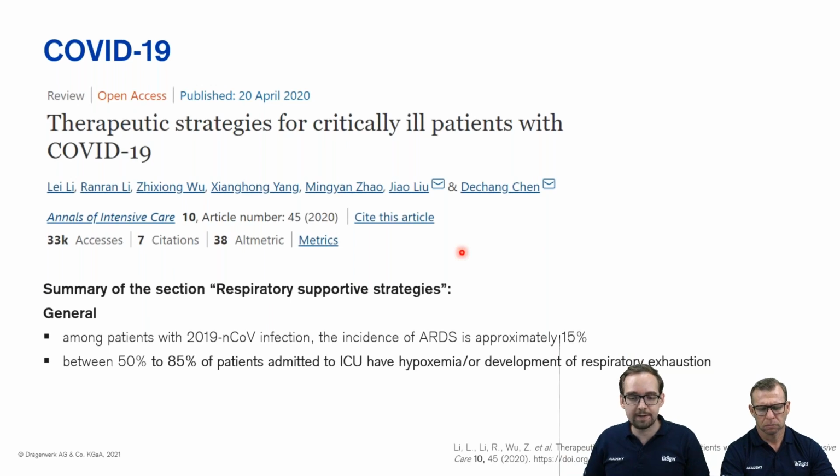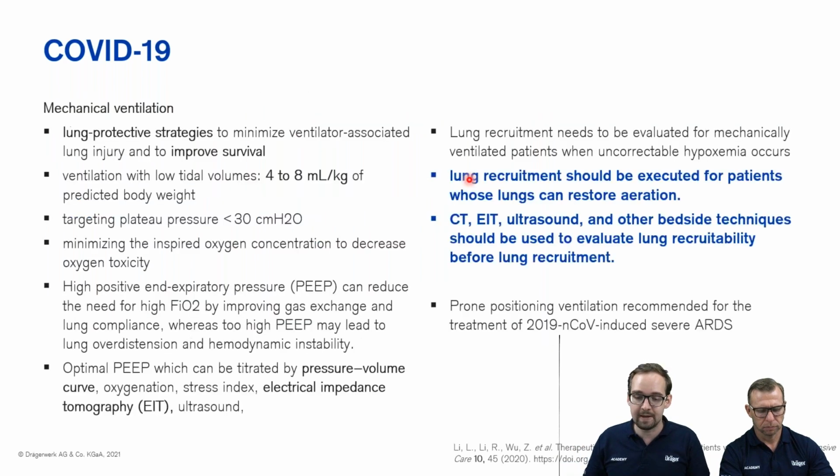On this note, when we look at COVID-19 ventilation strategies, I think we can't have any educational webinar at the moment without at least mentioning COVID-19. In this nice overview paper from China from April 2020, so really one of the first larger publications addressing strategies for patients with COVID-19, they of course also share lung protective ventilation strategies.